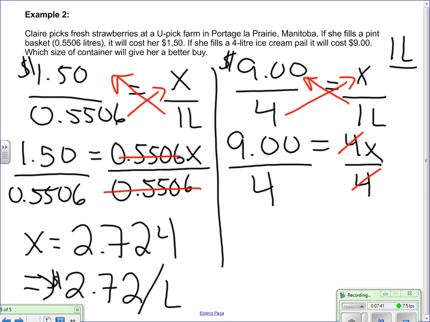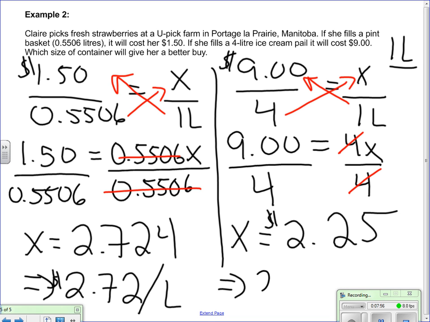Remember, the 4's will cancel, leaving x by itself. And in this case, x is going to be equal to 2.25. So to answer, we're looking at $2.25 per liter.